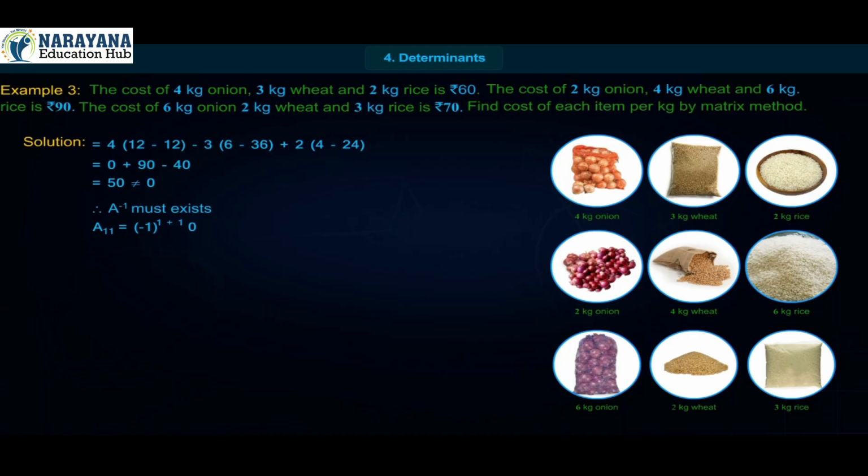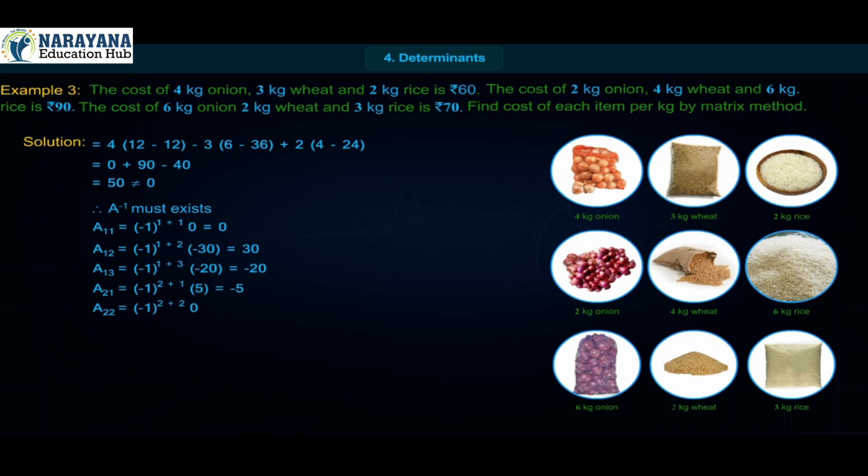A11 is equal to (-1)^(1+1) into 0 is equal to 0. A12 is equal to (-1)^(1+2) into -30 is equal to 30. A13 is equal to (-1)^(1+3) into -20 is equal to -20. A21 is equal to (-1)^(2+1) into 5 is equal to -5.